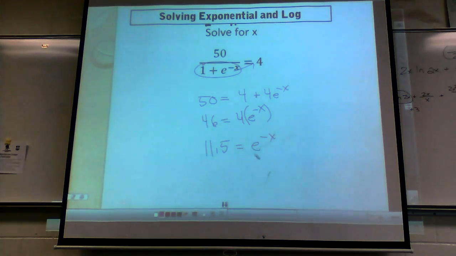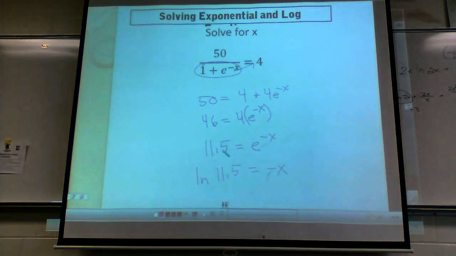Since I've got my base of e, I would definitely do natural log here. If I do natural log of both sides, I'm going to skip a step here. Natural log of e is 1. So the only thing you have to do is find natural log of 11.5.